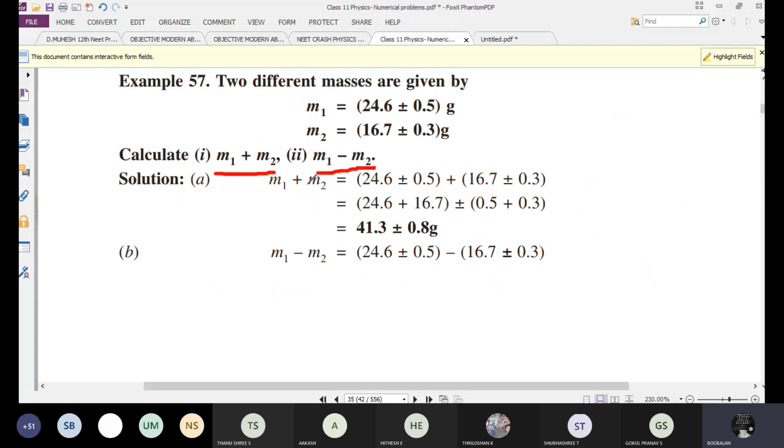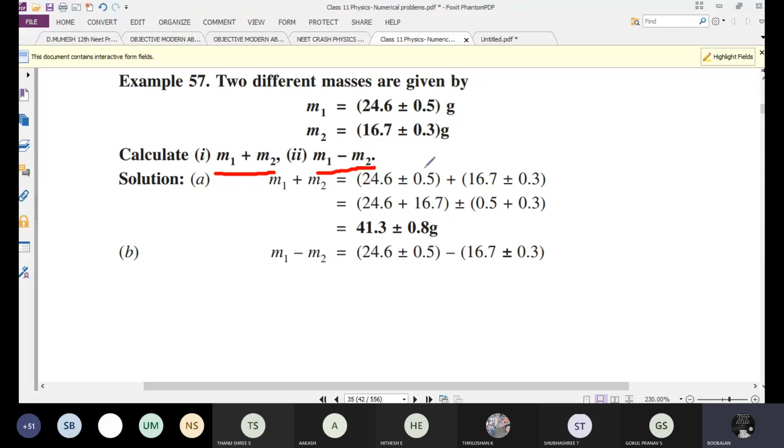But in this question, the two different masses are given by M1 and M2. Both are the same quantity, so this is normal addition and this is normal subtraction.